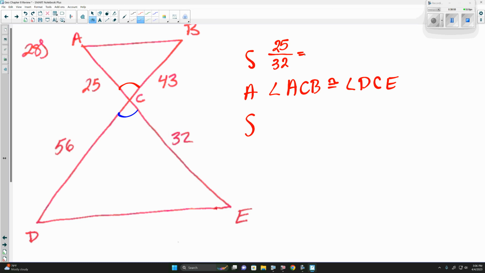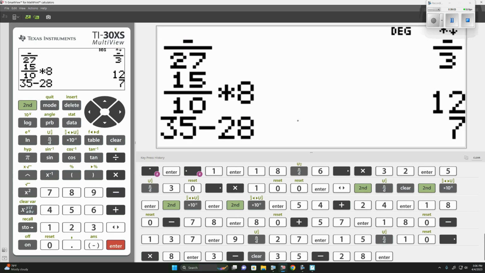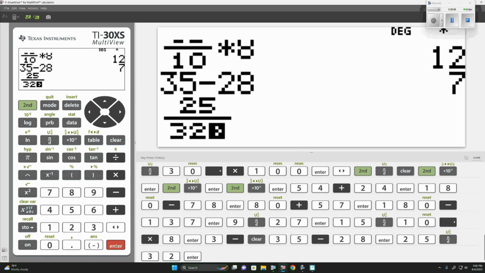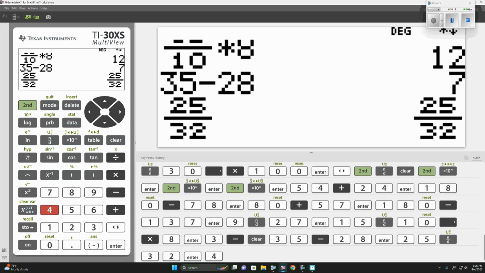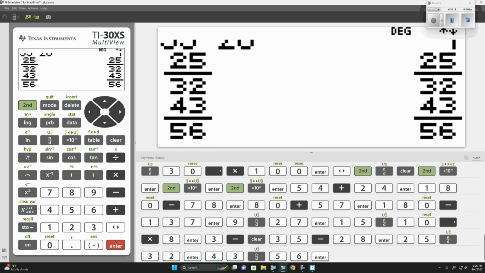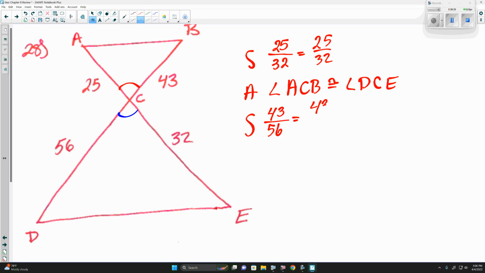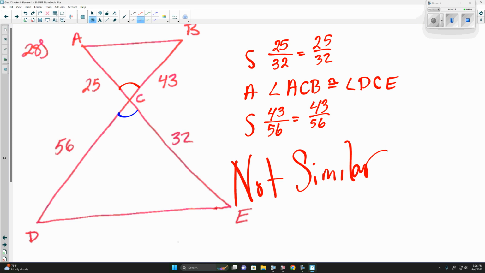They're going to be proportional, which means for the other one we have 43 over, so 25 over 32. This is not looking good for this problem. 43 over 56 is, because for it to be similar, those proportions have to be proportional. Indeed no.